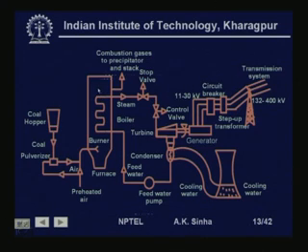Of course, this very hot flue gas, most of its heat is taken away here, but still the hot flue gases are to be removed, and this is done by means of the large chimneys that you see in some of the thermal power plants.